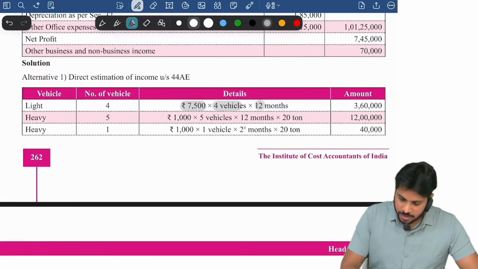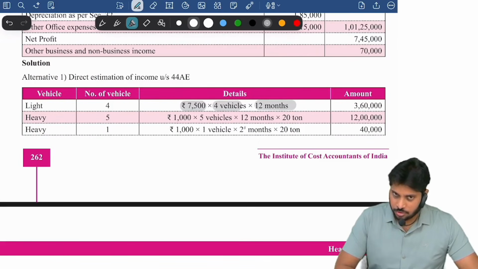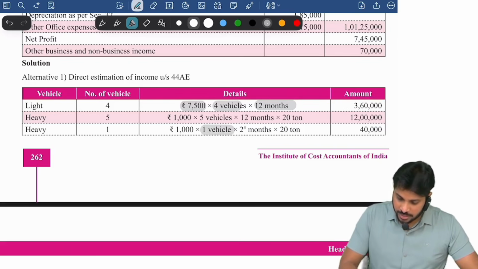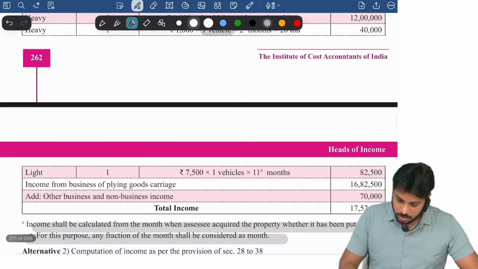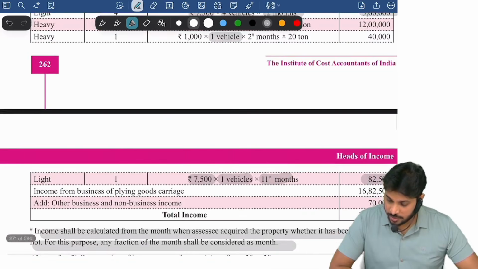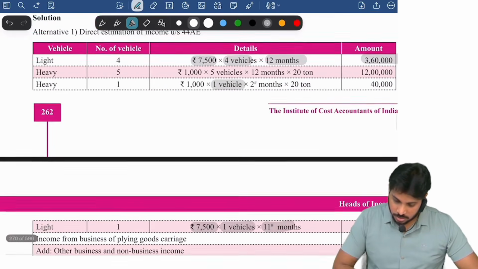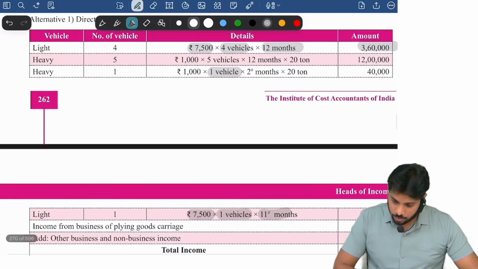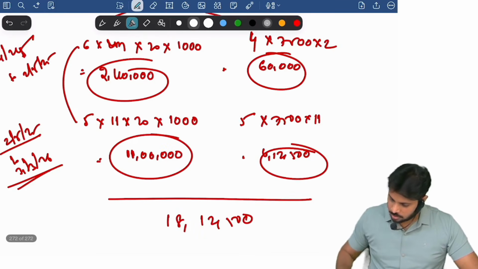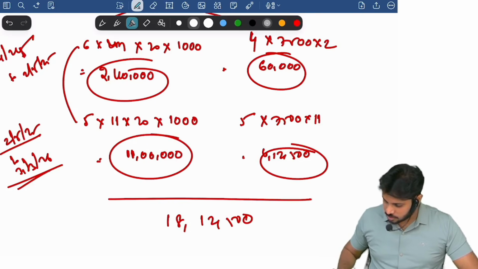7,500 rupees, 4 vehicles into 12 months. Out of the light goods vehicles, all 12 months were there. But there is one more light goods vehicle which we purchased, for 11 months. These two are correctly done. So for light goods vehicle, the total income, how much did we get? 4,12,500 plus 60,000, 4,72,000 we got.